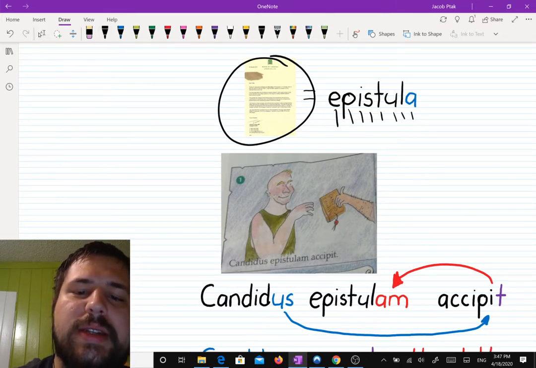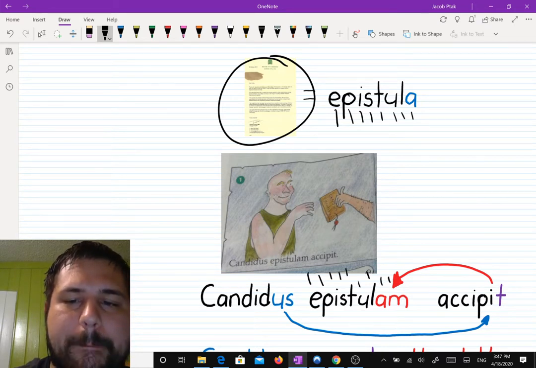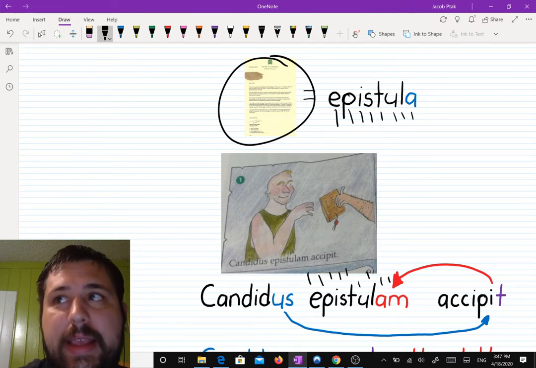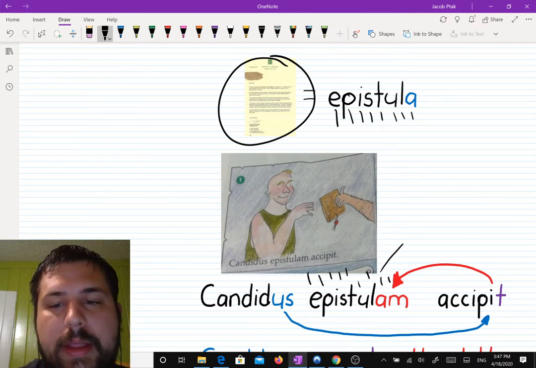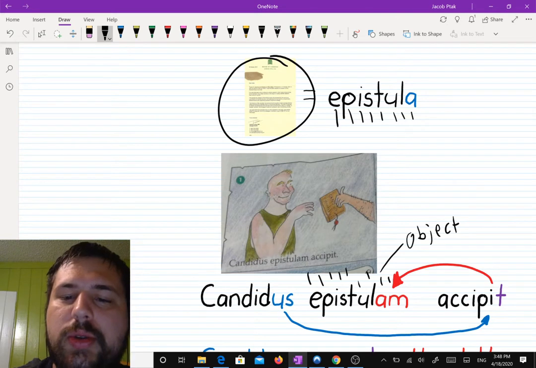But in the sentence, it's spelled E-P-I-S-T-U-L-A-M. And the spelling, by adding the M on the end, lets me know that this version is the object in the sentence.